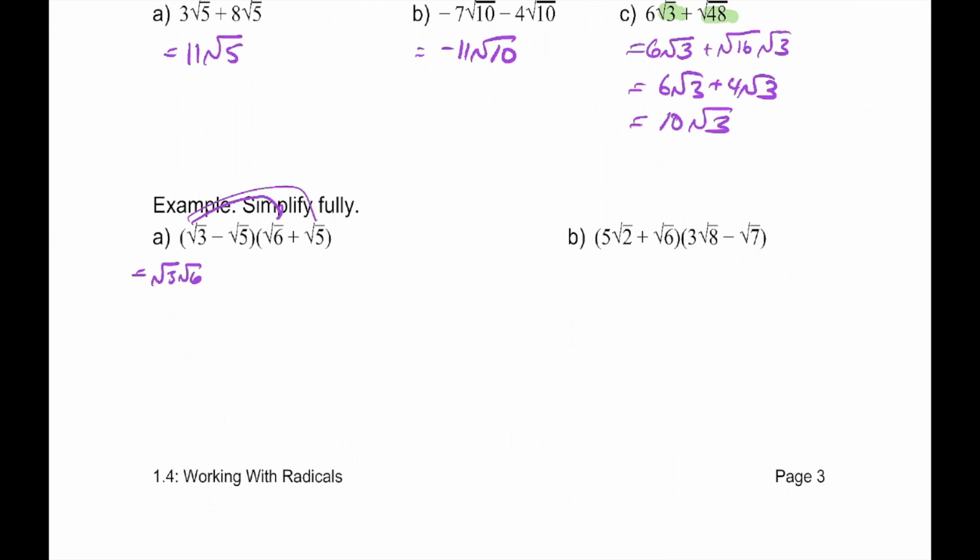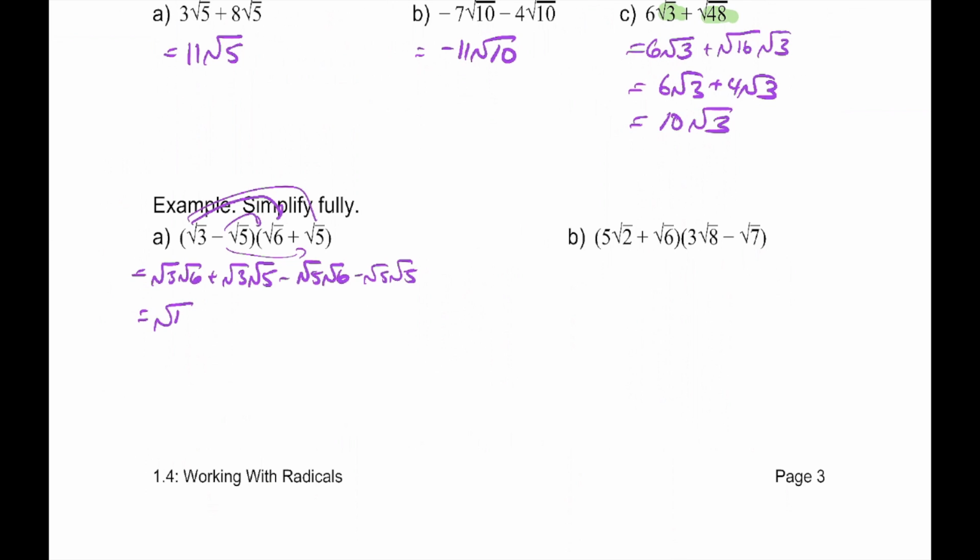So I have a root 3 times a root 5. And then I have a negative 5 times a root 6, so negative root 5 times root 6. And then finally negative root 5 times root 5. Just writing it out, being systematic in my FOIL, so I can see what needs to be done.